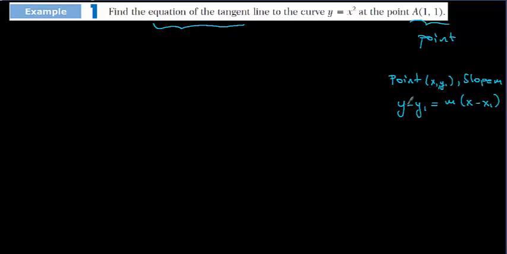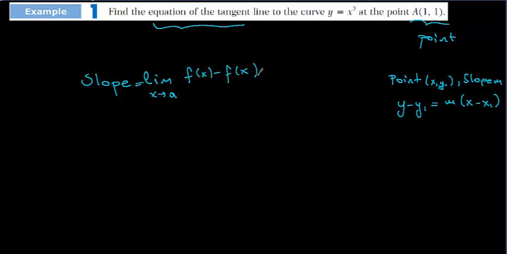Now I'm going to use the equation of the line for the curve here, but I need the slope. If you remember, I said that for finding the slope, we are going to use the limit as x tends to a of f(x) minus f(a) over x minus a.